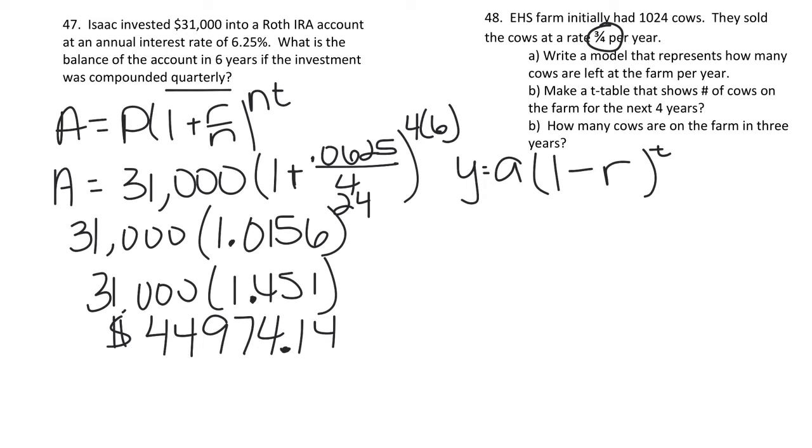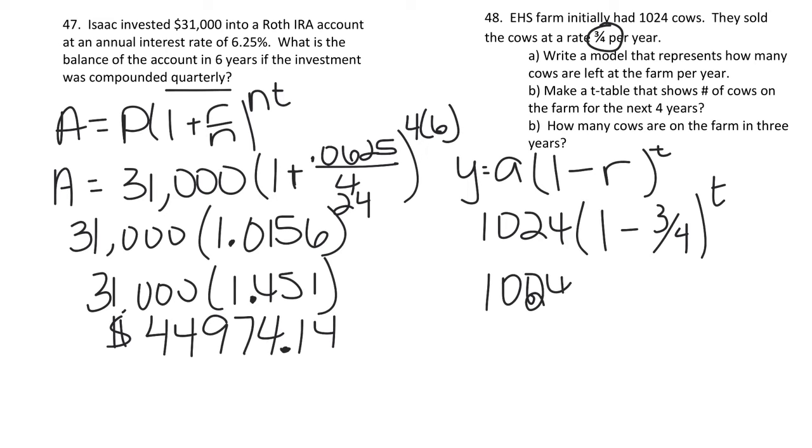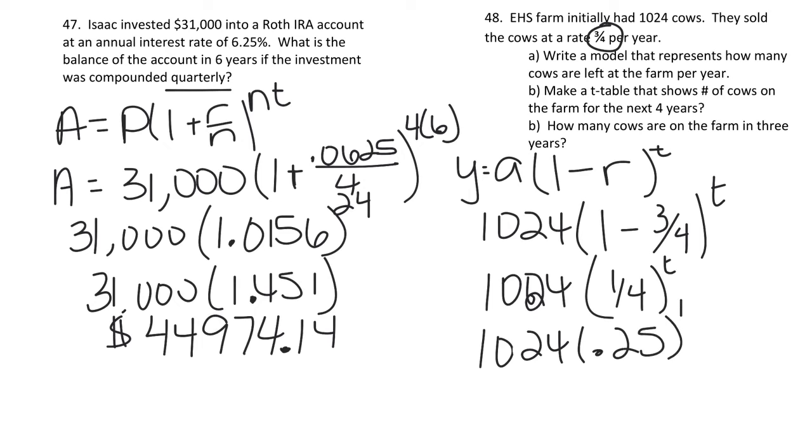A is the initial amount, 1,024 cows, 1 minus 3/4 to the t, which is 1,024 times 1/4 to the t, and that's your model. Or you could write it as 1,024 times 0.25 to the t if you wanted, equals y.